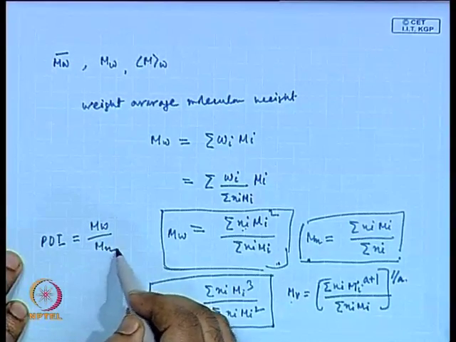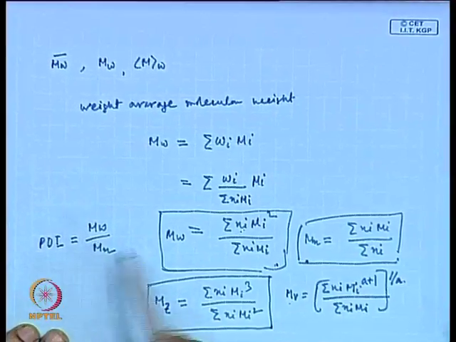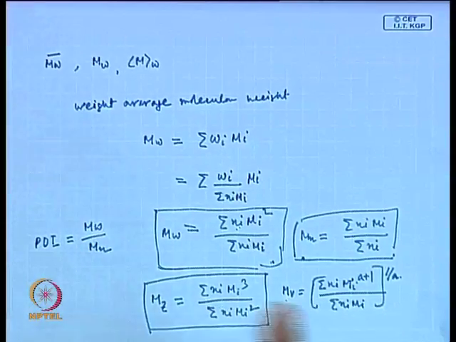And to quantify the breadth of the distribution, this term is used, polydispersity index, or sometimes simply dispersity index, which is given by this ratio. So, the higher this ratio, the higher the polydispersity index, that means the higher the breadth.